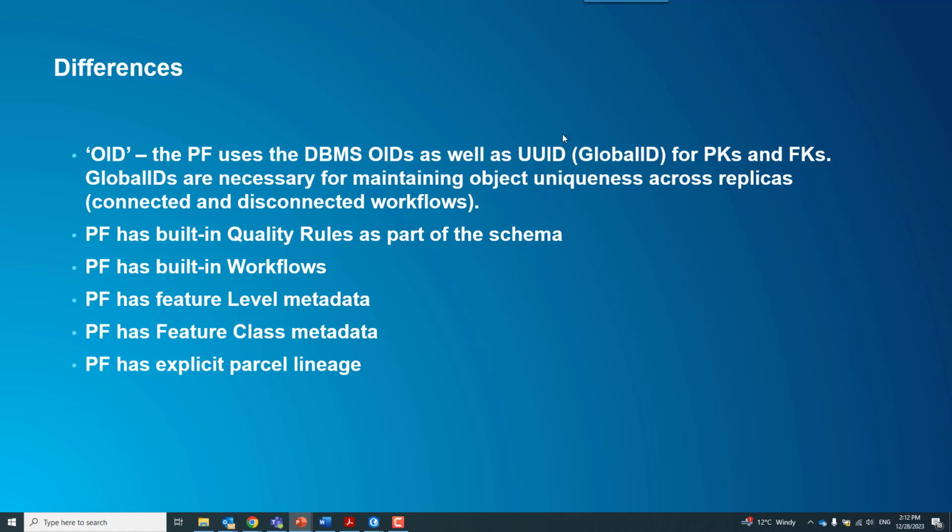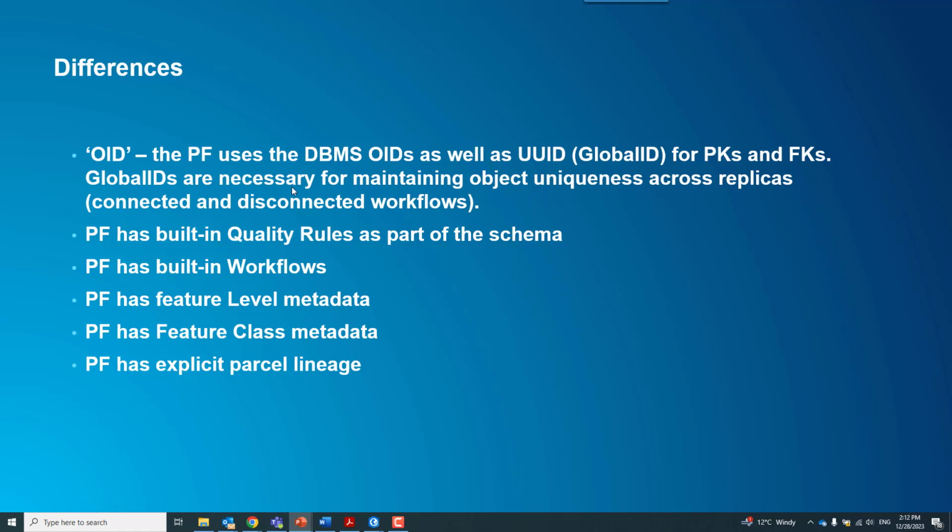So why do we use a universal unique identifier? It is to make sure that we can guarantee uniqueness across databases. Why do we need that? Well, if you copy the data from one DBMS to another, it will get assigned new object IDs. So we can always guarantee that the universal unique identifier is maintained unique.